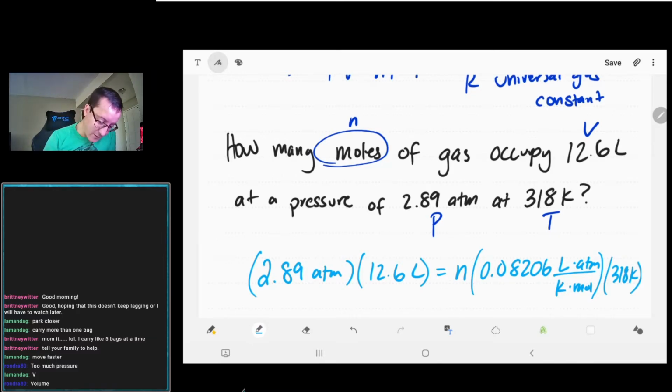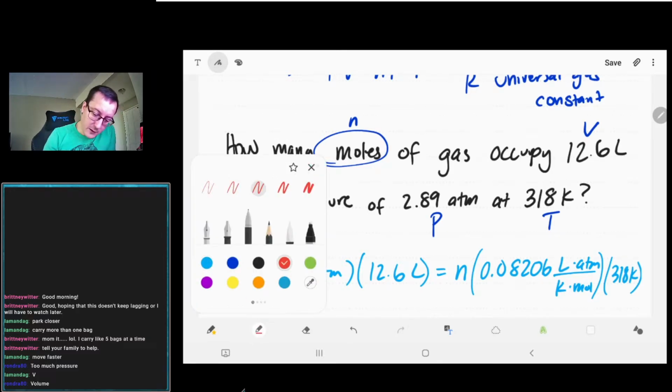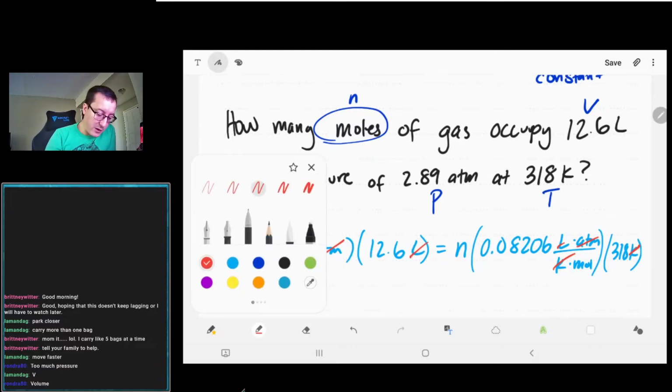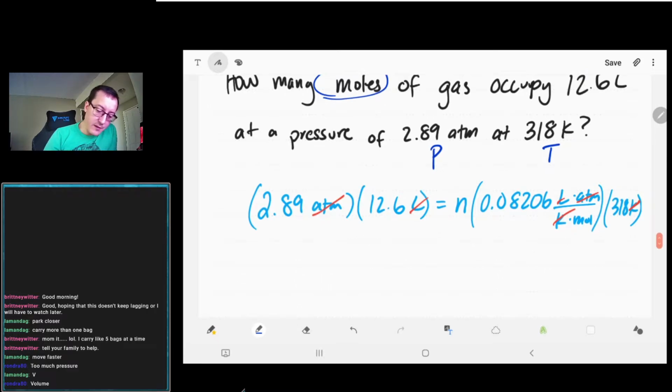Let's go ahead and look at our units. Atmospheres on the left side, atmospheres on the right side, cancel. Liters on the left side, liters on the right side, cancel. Kelvin on the top, Kelvin on the bottom. So we're going to be left with moles at the end of the day, which is what we're looking for. So technically we just have to do all this algebra.